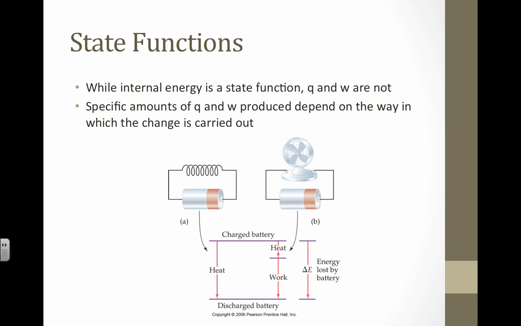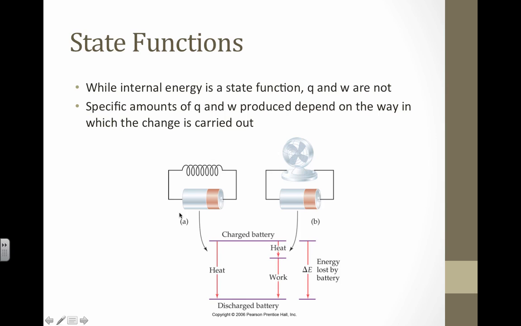While internal energy, delta E, is a state function, Q and W are not state functions. So in other words, the values of Q and W depend on what happens. Even though the total delta E is a state function, how Q and W are defined makes a difference.